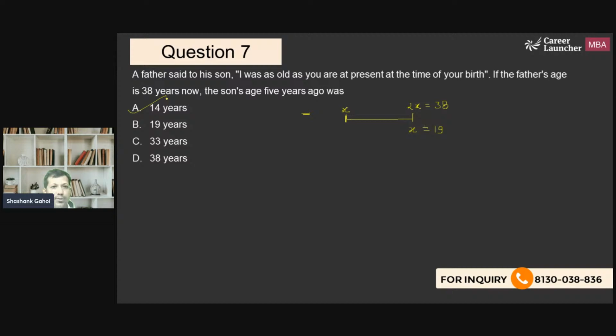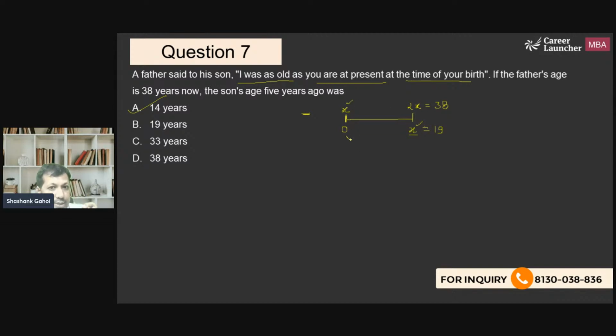So the problem with this question is the comprehension. I am going to break this statement word by word. I was as old as you are present now. So boy's current age is x at the time of your birth. So when the child was born, the child was 0 years old and father was x years old.